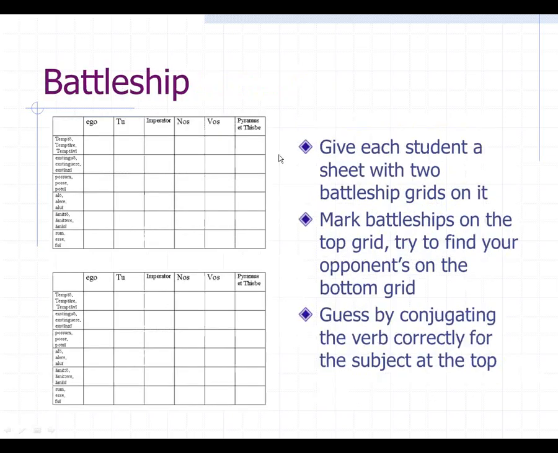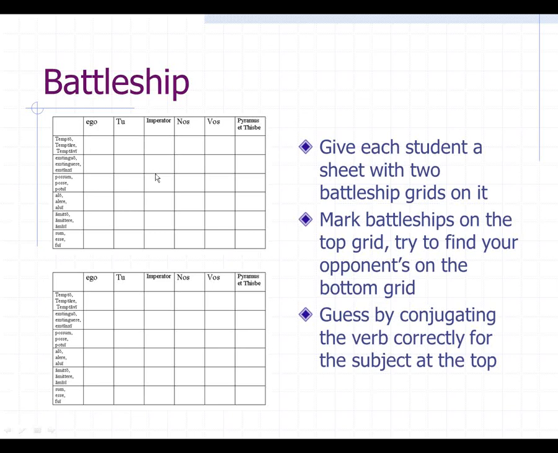Okay. Battleship is also a verb game, but it could become a noun game too, I suppose. Battleship is the classic battleship that you remember from your childhood. You have 2 grids, one where you hide your own ships, and the other to guess where your opponent's ships are. So to play, you give a piece of paper with the 2 grids on it to each student, and then you have them hide their ships up here.